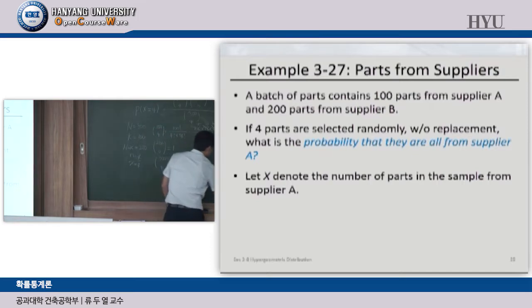This can be 300 by 299 by 298 by 297 by 296 factorial over 4 by 3 by 2 by 1 by 296 factorial.